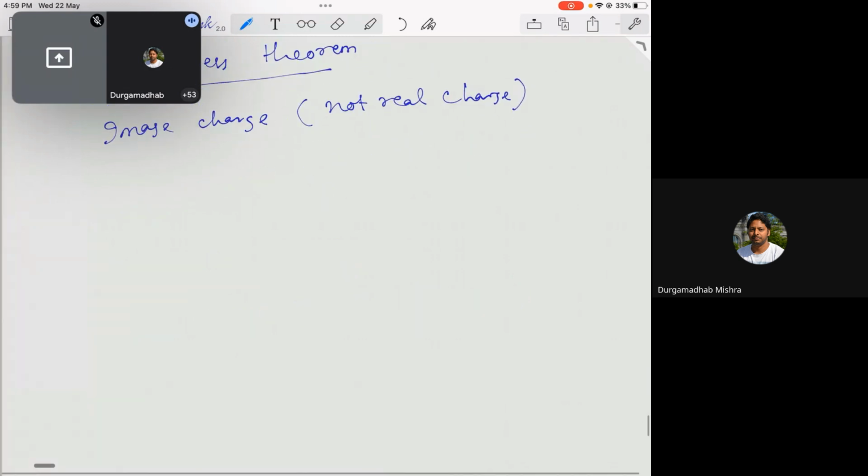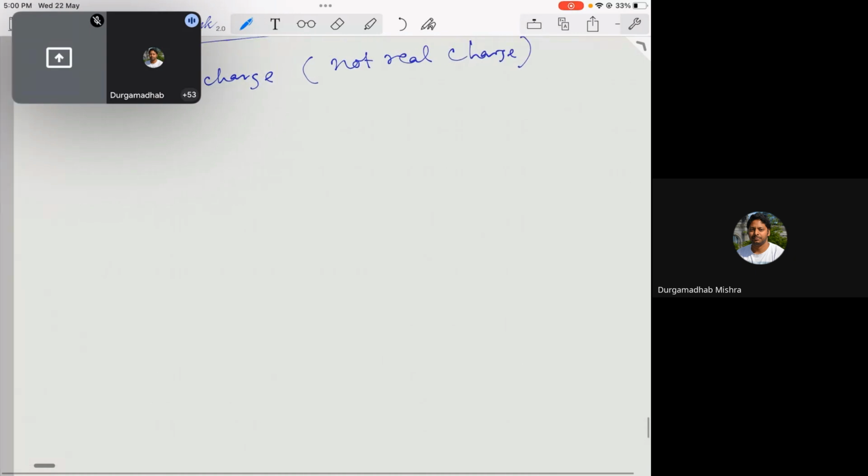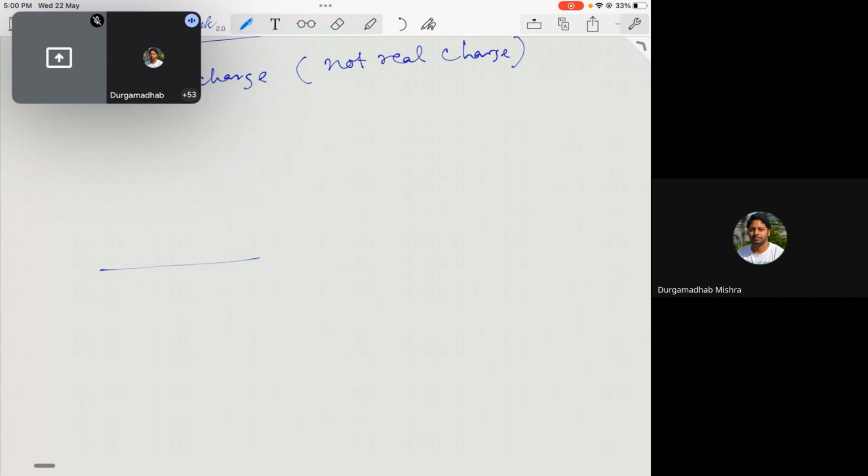Okay, so let me draw this problem side by side. We said this is my conductor, grounded. This is my charge q, which is at a distance d, and I am saying this is equivalent to a problem where I have a charge q here at a distance d, and a minus q at the same distance on the other side.